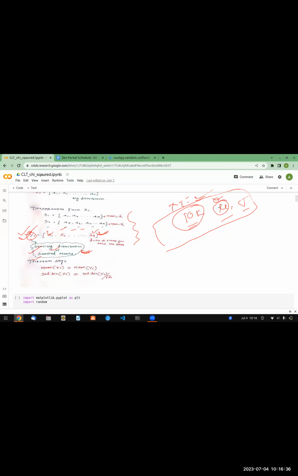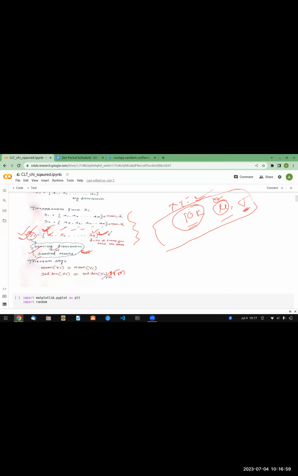Okay, what is the standard deviation of the population? That means the standard deviation of these 10K data points. Just as you calculate the mean from this list of means, you can calculate the standard deviation from here. Now, one small rectification, guys: this is not divided by root m, this is multiplication by root m.